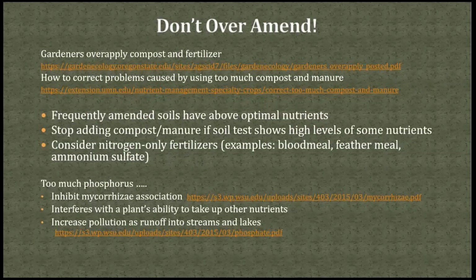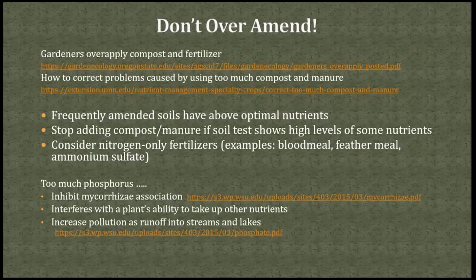And in addition, we know from experience and from research that nitrogen is highly mobile, and that's sometimes maybe the only fertilizer you need, since many of the other macro and micronutrients are used in small amounts and tend to be abundant in our local soils. So think about perhaps only using blood meal, feather meal. These are organic options for nitrogen fertilizer, or ammonium sulfate, which is a synthetic option.